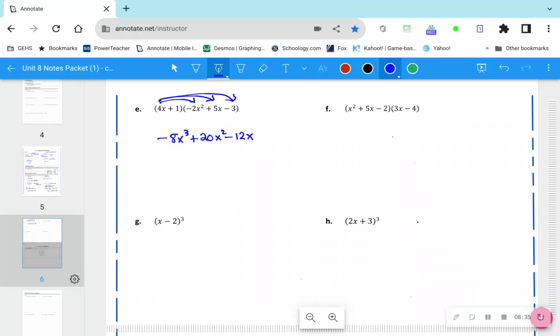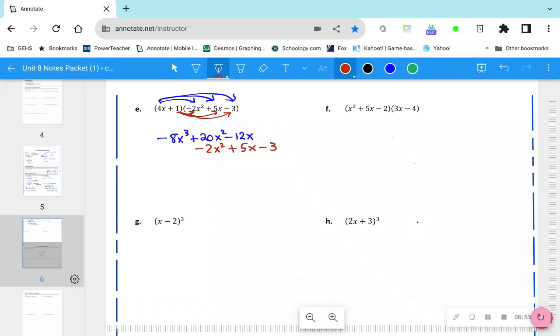But then you need to distribute the other part of it. And I'll show you where these come from. That's the latter part, the 1 times that one, and that one.